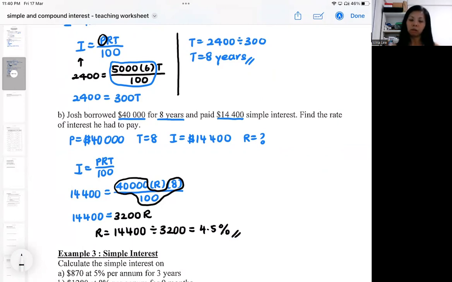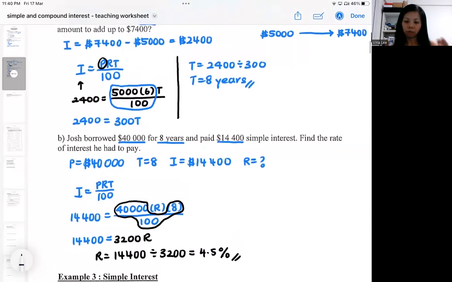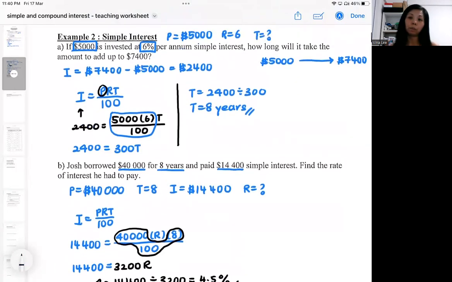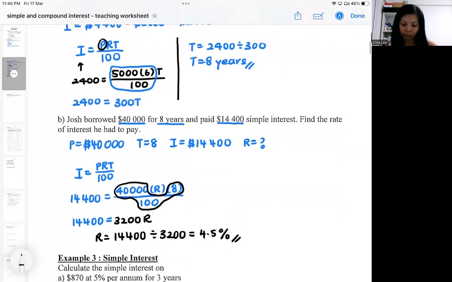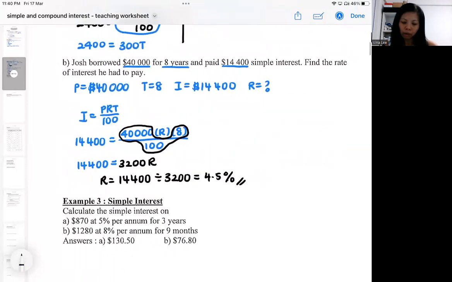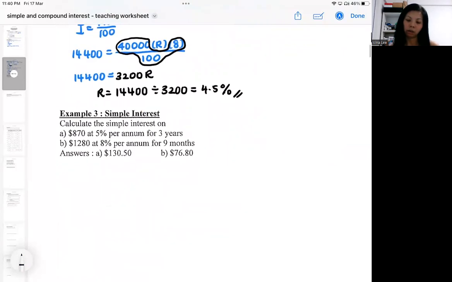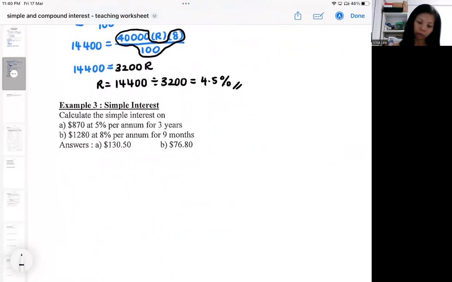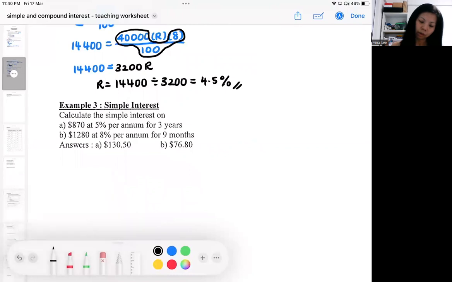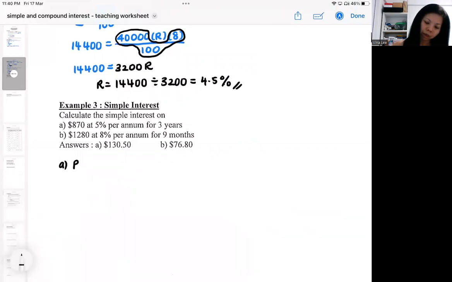Okay, so this is just a recap. You should be trying to play around with the formula. In example 3, it's just a simple use of the formula. See whether you can use the formula correctly or not. So in part A, P is 870, R is 5%, T is 3 years.